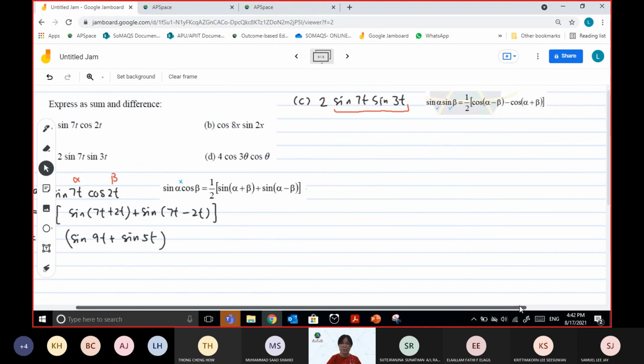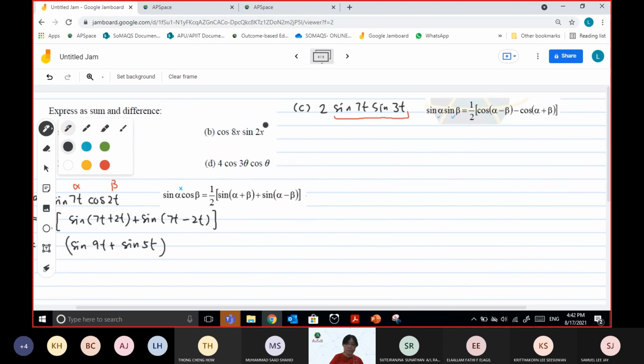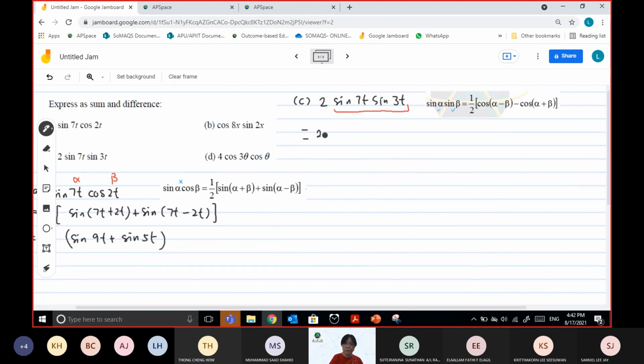Okay, so using this formula, the 2 remains. Then for the rest, this one is alpha, this one is beta. Then half, cos alpha minus beta, that means 7t minus 3t, minus cos alpha plus beta, which is 7t plus 3t.